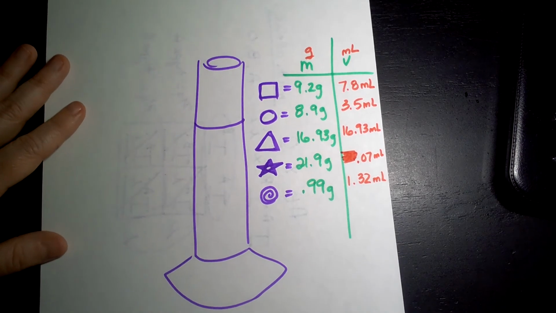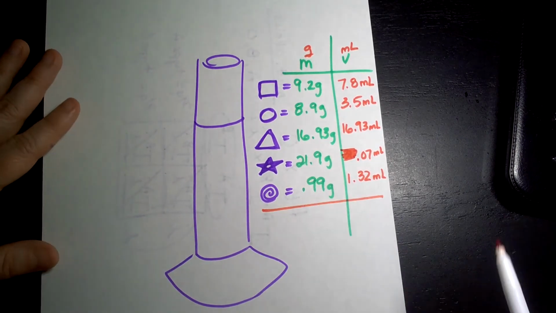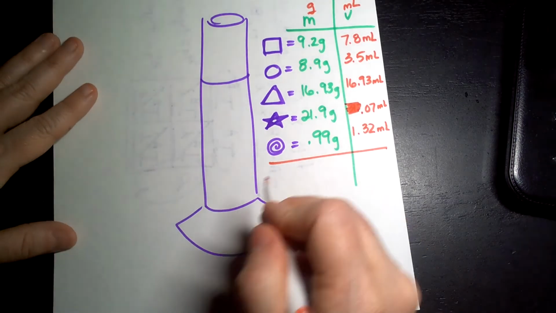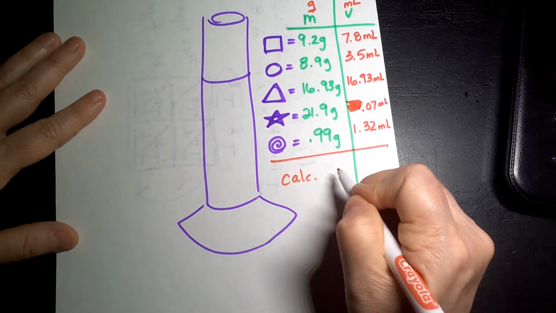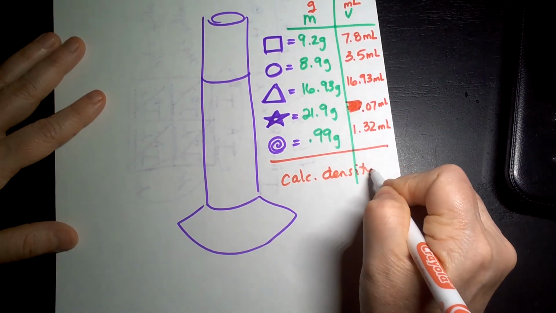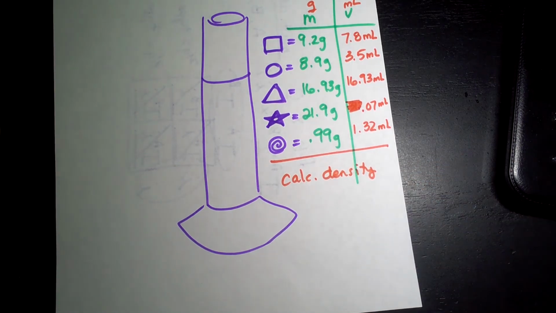Okay, so those are your mass and your volume. So what I want you to do is calculate their density. You can set that up in a better table than I have.